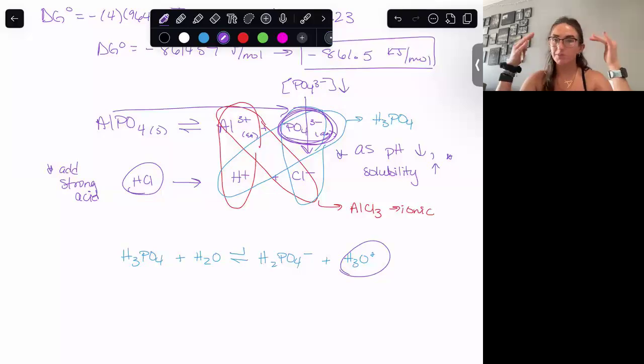So that equilibrium gets disturbed every time. If you're adding another salt, say sodium chloride or aluminum chloride, usually that is increasing the ion concentration the salt already has, and that is pushing your equilibrium back towards the precipitate. Adding an acid is usually decreasing pH and increasing solubility for your insoluble salts.